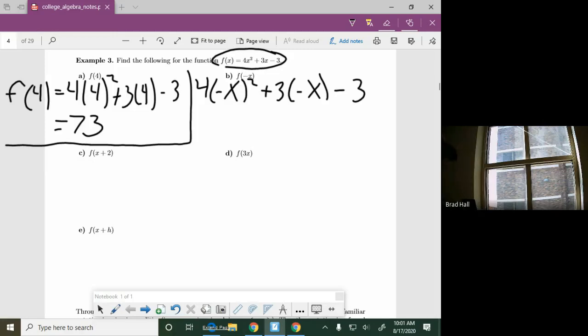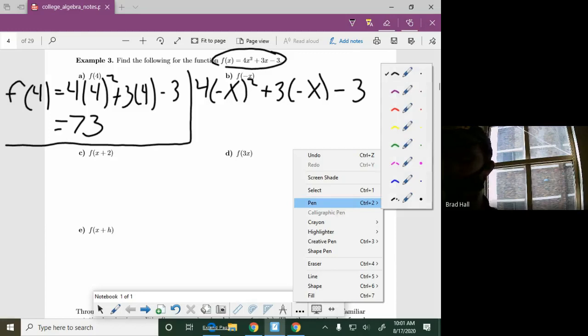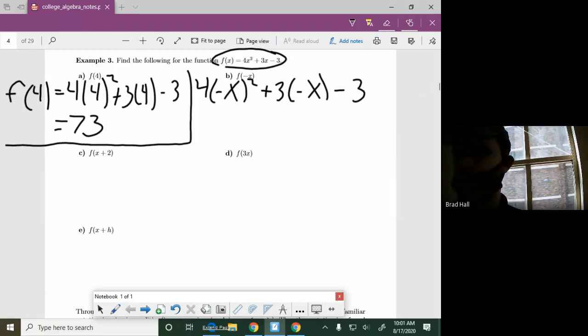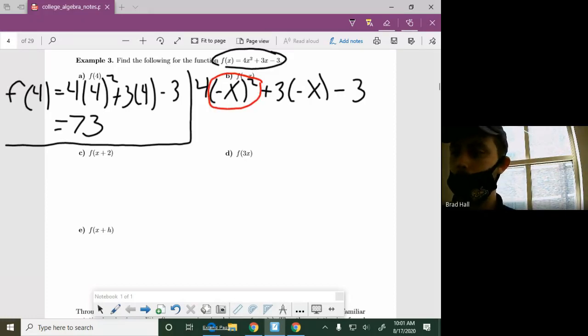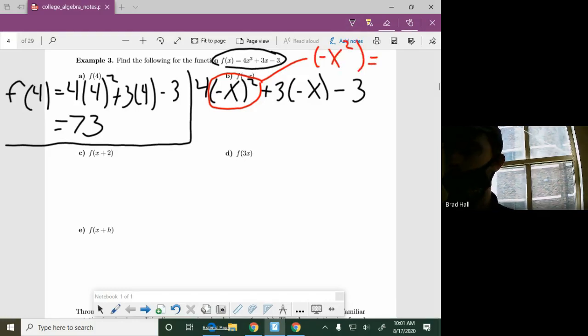And if you remember order of operations, what is that? Parentheses and then exponent. So that (negative x) squared here is negative x times negative x, which is primarily what this represents.